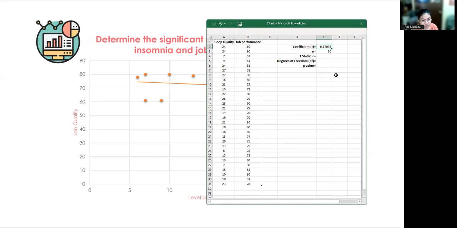So equals sign, open parenthesis, absolute value of r times the square root of n minus 2, all over open parenthesis again, the square root of 1 minus absolute value of r squared.